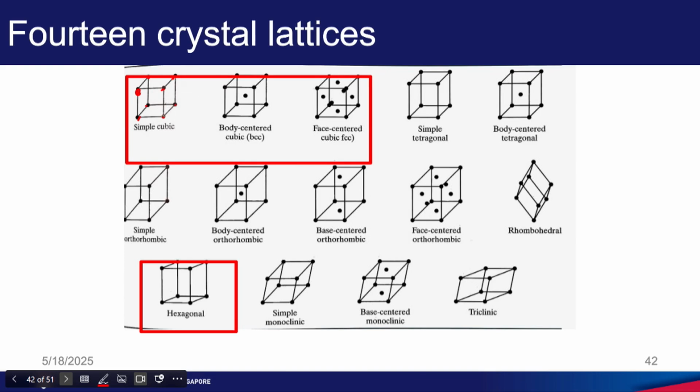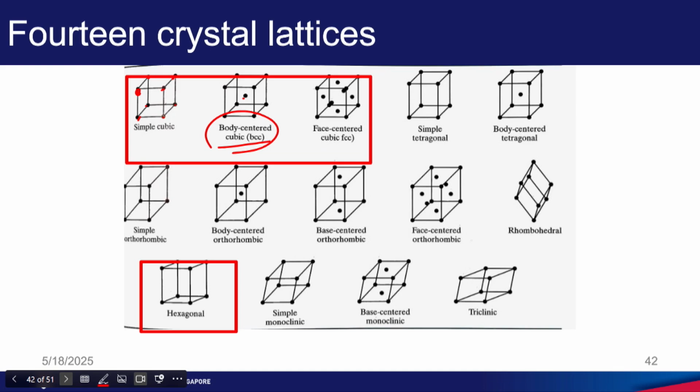In body centered cubic, you have atoms in the corners, and in addition, you have one atom in the center of the body of the cube. That is why they name it body centered cubic. We will be using this name quite often, BCC. BCC means you have 8 atoms in the corners and 1 atom in the center of the cube.